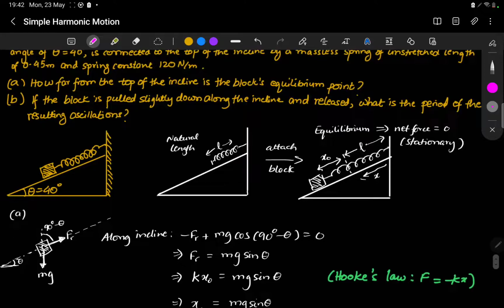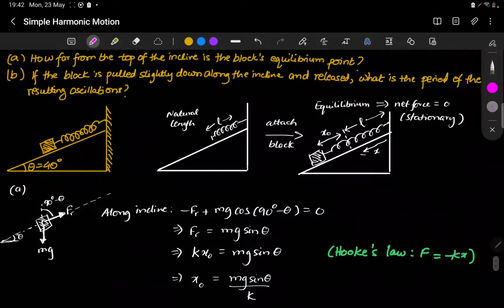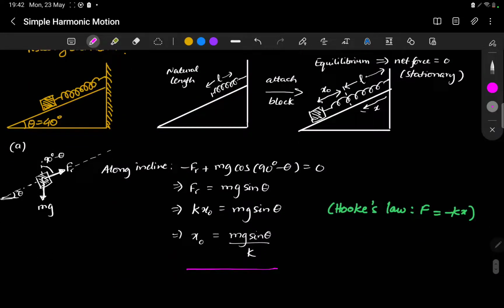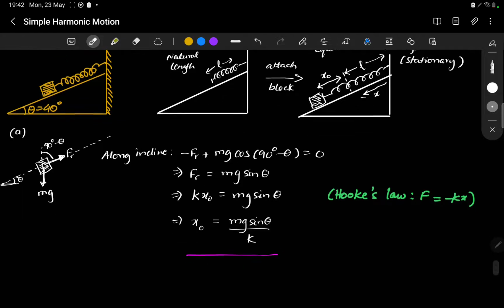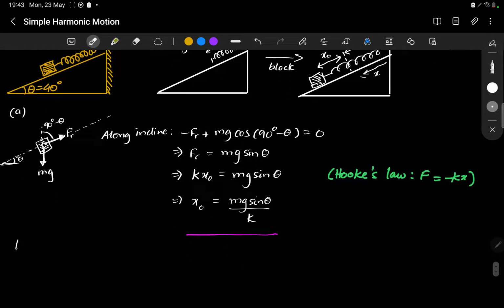So it says how far from the top of the incline is the block's equilibrium point. So this is the extension after the natural length. So the total length of the spring in equilibrium, this is going to be how far from the top.